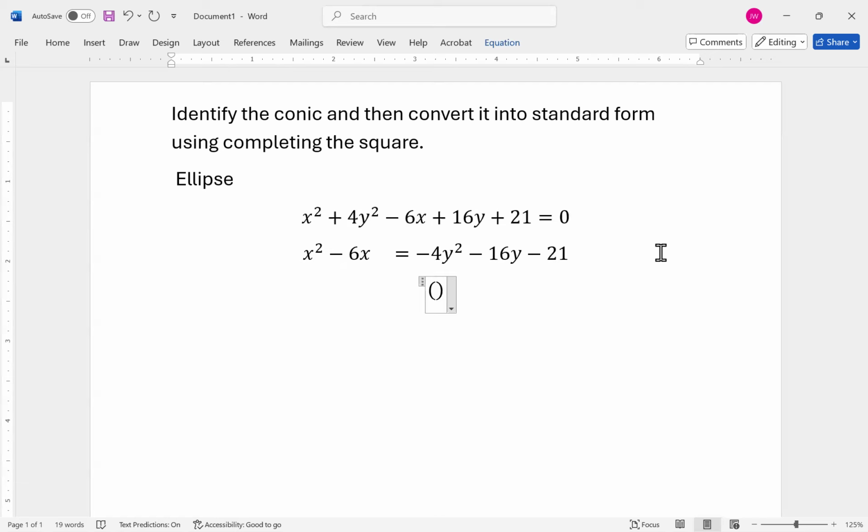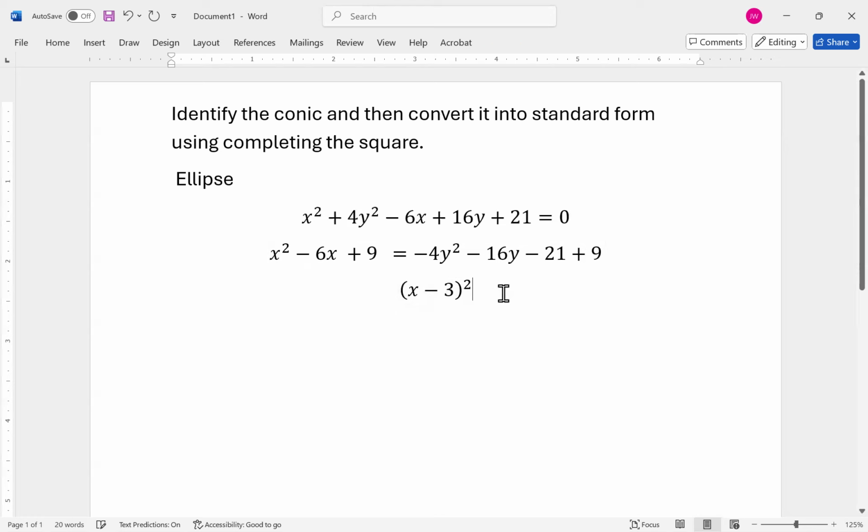To complete the square, I know that on the left-hand side, this should be x minus 3. I have a coefficient of 1 for my x squared, so I just do x minus 3 squared. That's half of negative 6, which means I need to add 9 on the left-hand side. If I do that, I'd also have to add 9 on the right-hand side.